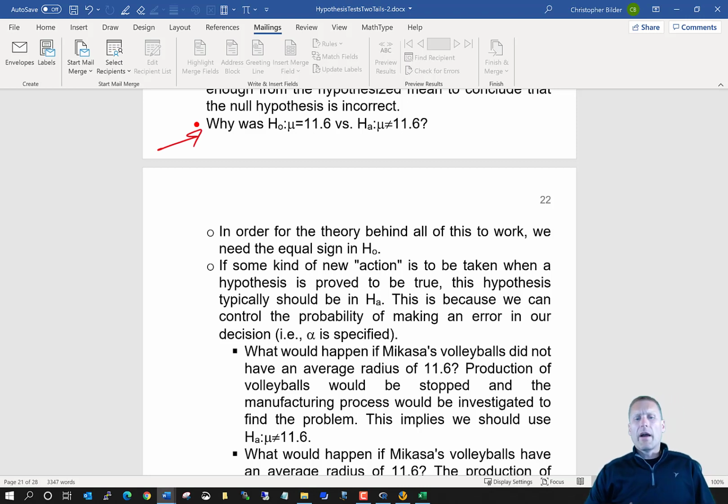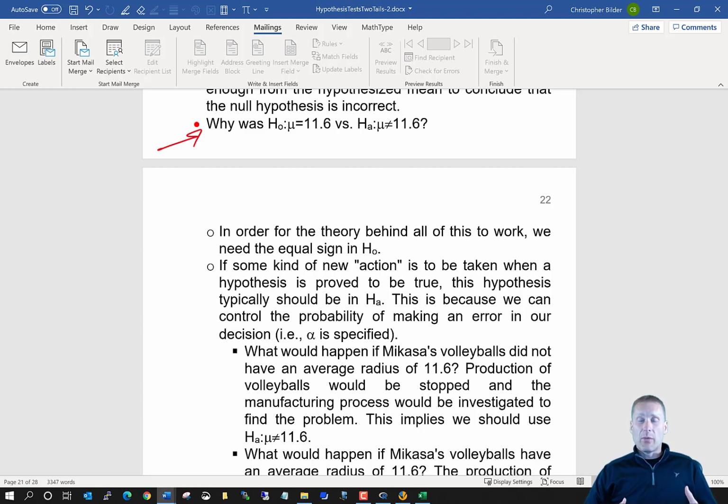So why did we put our hypotheses like this, where the equal sign was in the null hypothesis, and you don't see an equal sign at all in the alternative hypothesis? For all hypothesis tests, and you're going to see different hypothesis tests as we go along in our course, we always need to have an equal sign in the null hypothesis.